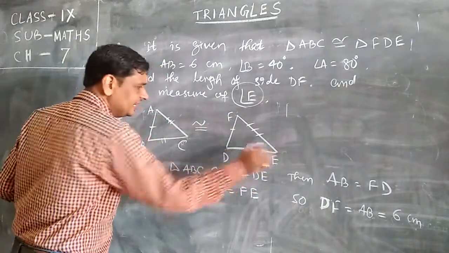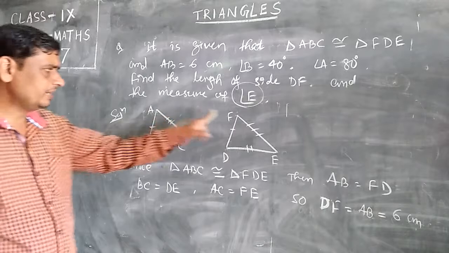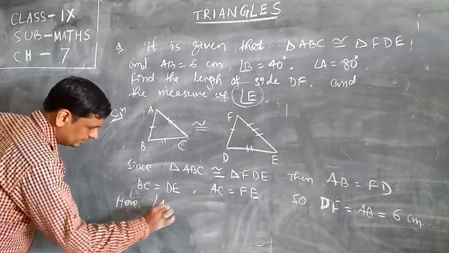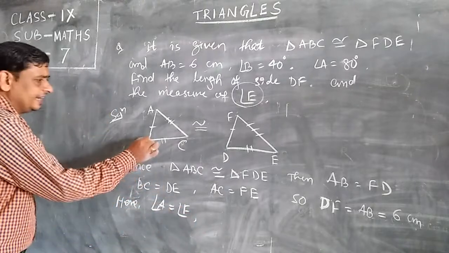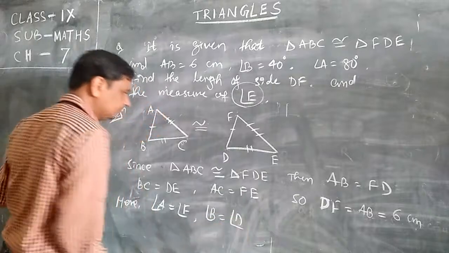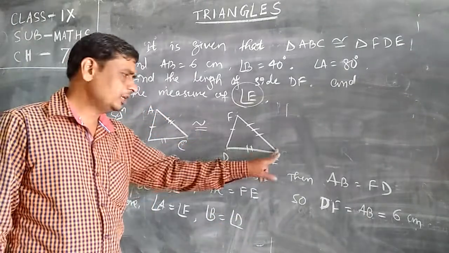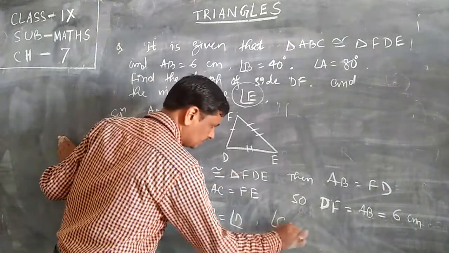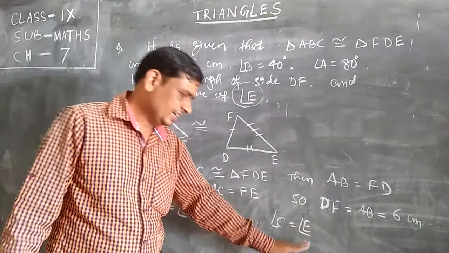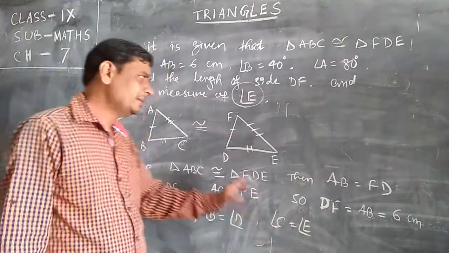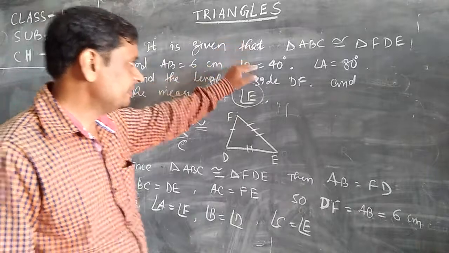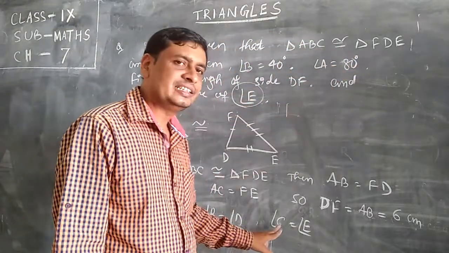Since ABC and FDE are congruent, angle A equals angle F, angle B equals angle D, and angle C equals angle E. We have to find angle E, which equals angle C, but angle C is not given here. The measures of angle A and angle B are given.